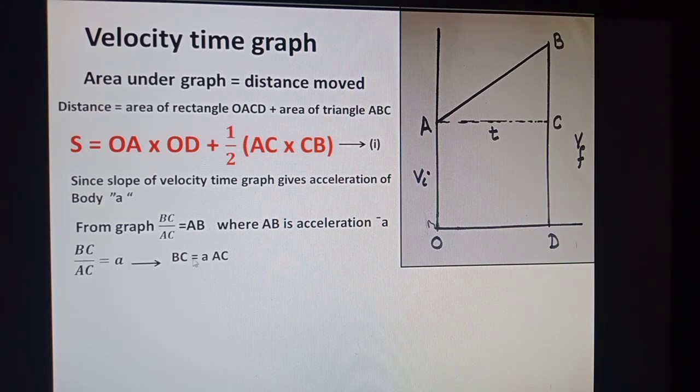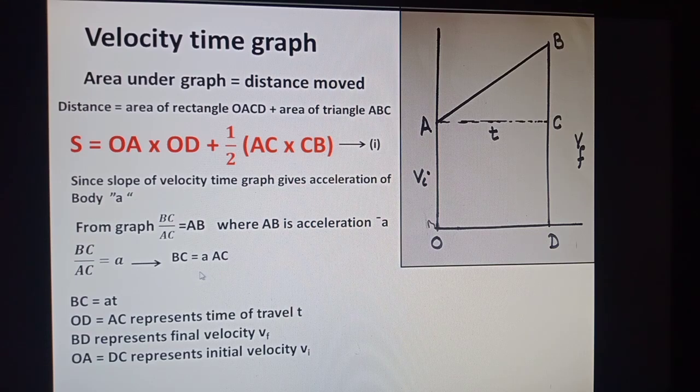This implies that when we take AC to the other side, it will be multiplied with acceleration, and BC equals a into AC. Further, it is clear from the graph that BC is equal to at, and OD equals AC. Now, look at the graph. OD is this distance and AC is this distance.